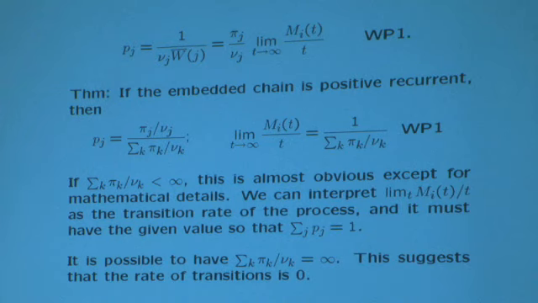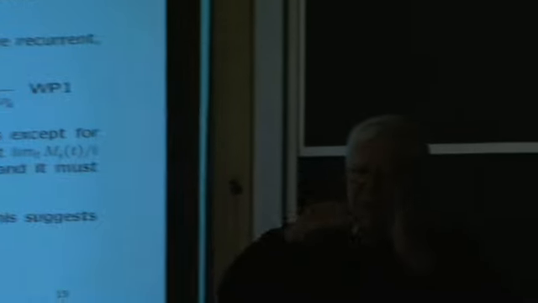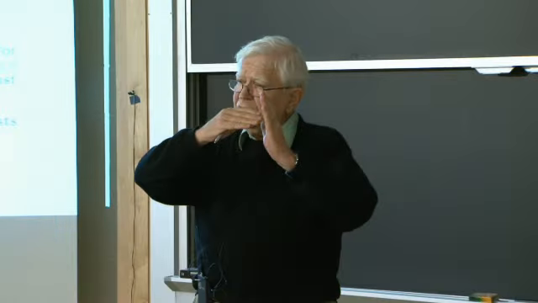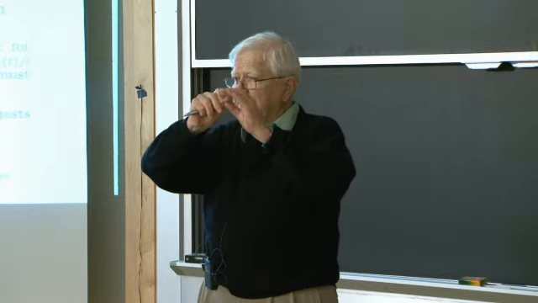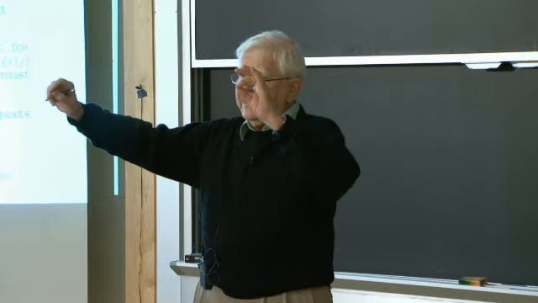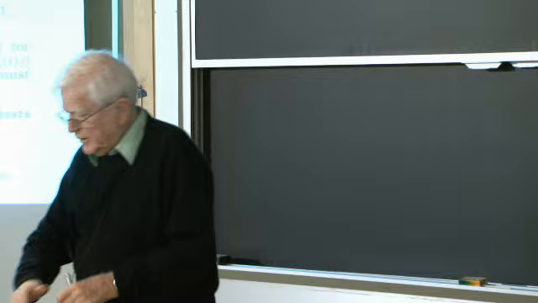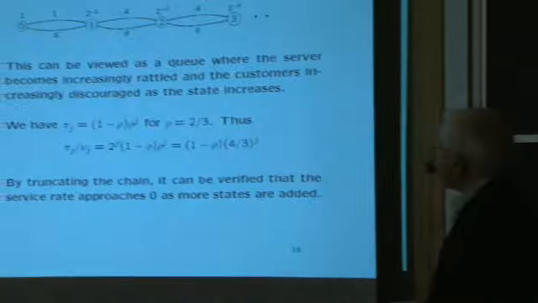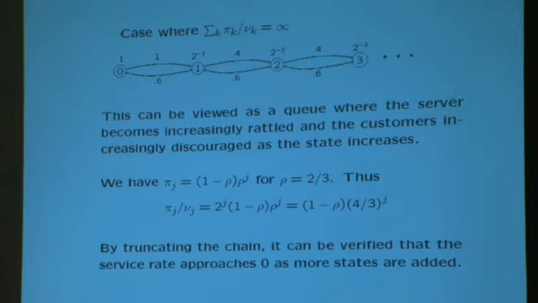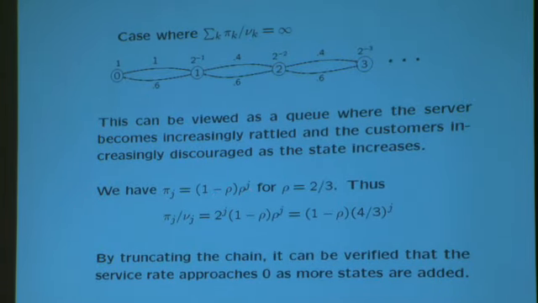As time goes on, you keep floating back to state 0 as far as the embedded chain is concerned, but you're eventually going to a steady state distribution which is laid out over all the states. That steady state distribution looks very nice. That's 1 minus rho times rho to the j.